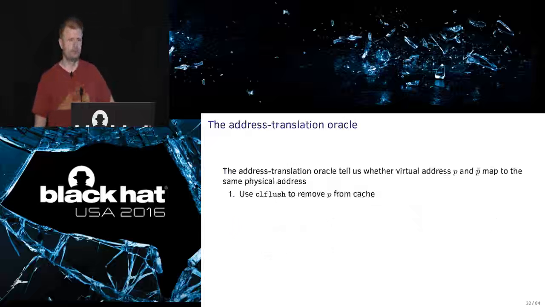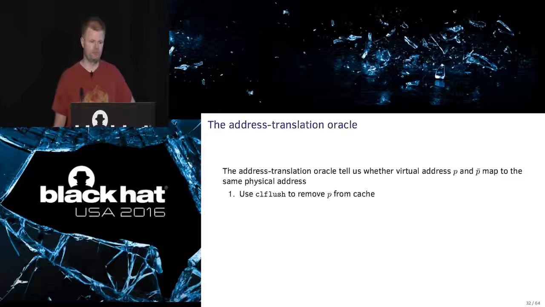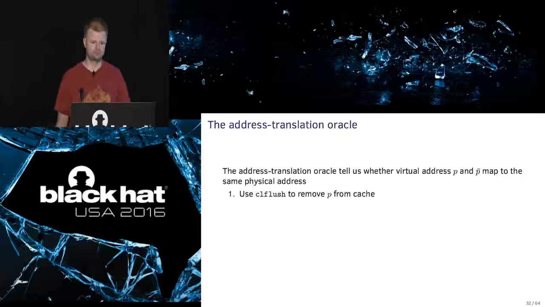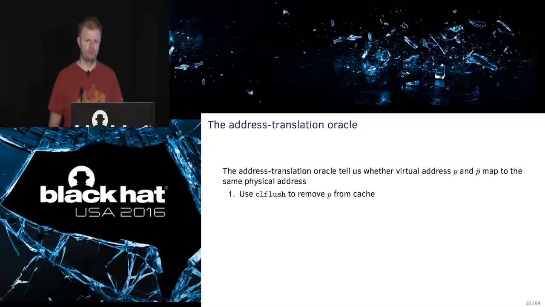That leads us to the next attack primitive that we have, and we call this the address translation oracle. The address translation oracle is there to determine whether a virtual address P and another virtual address P bar map to the same physical address. The way this works is that we first flush P from the cache.